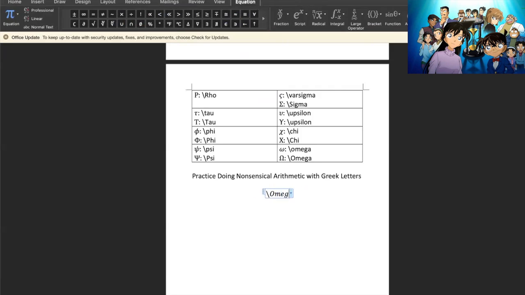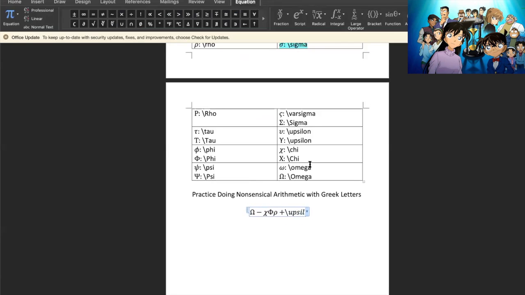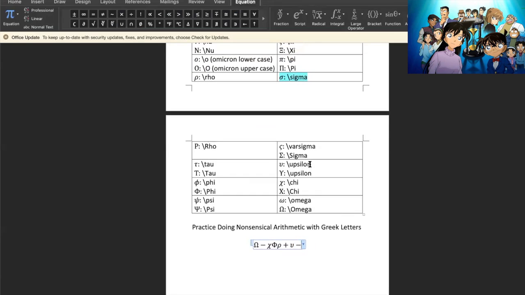So let me just write omega minus chi phi rho plus epsilon minus alpha divided by beta equals gamma.